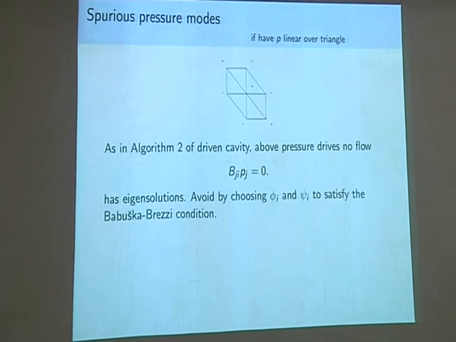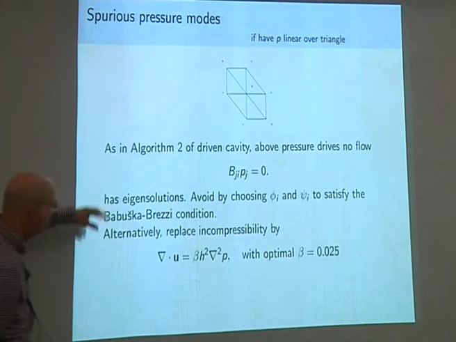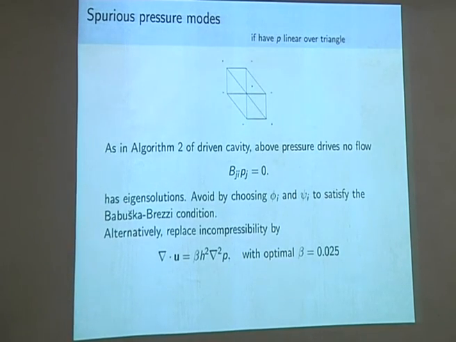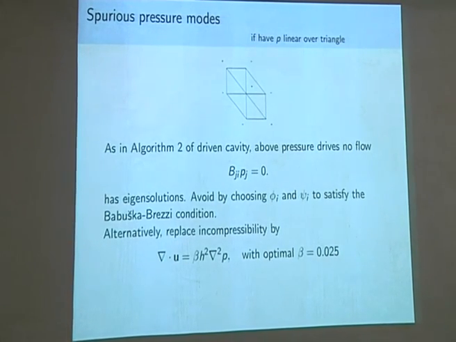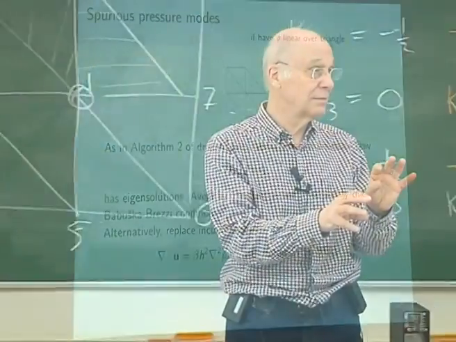I'll come back to that remark. What people do is you cheat. Instead of satisfying div u equals 0, you say div u equals del squared p. Now these spurious modes, which go plus minus, have very high gradients.